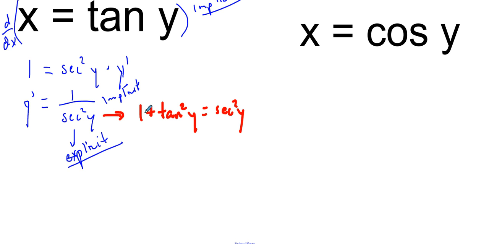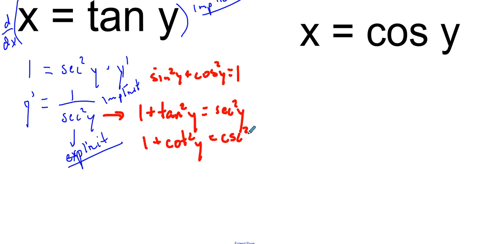Other basic trig identities we know are sine squared of y plus cosine squared of y equals 1. We also know that 1 plus cotangent squared of y equals cosecant squared of y, and so on and so forth.